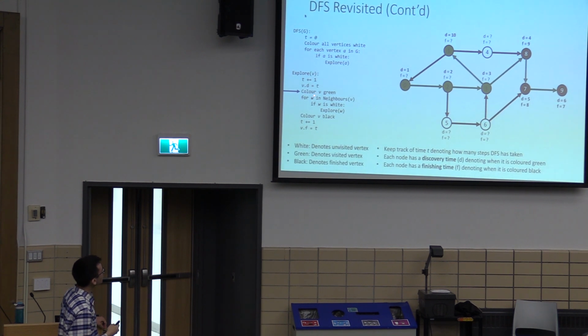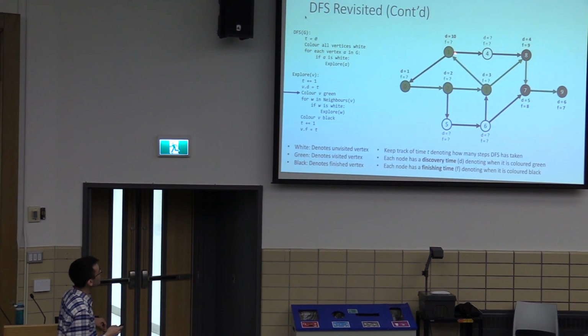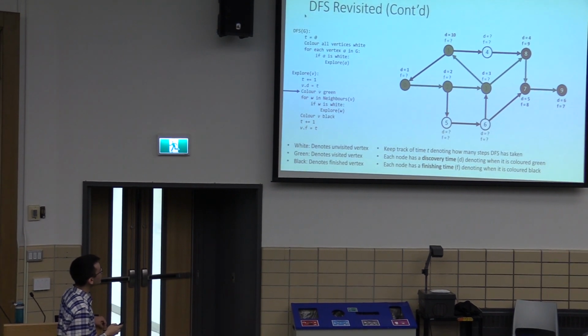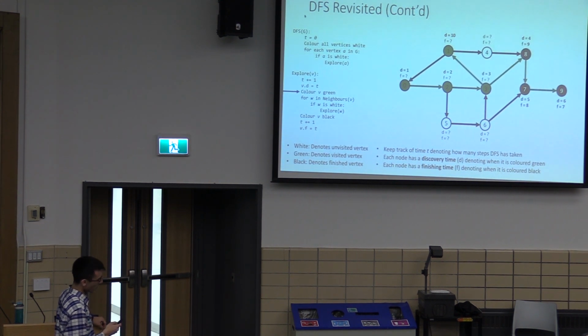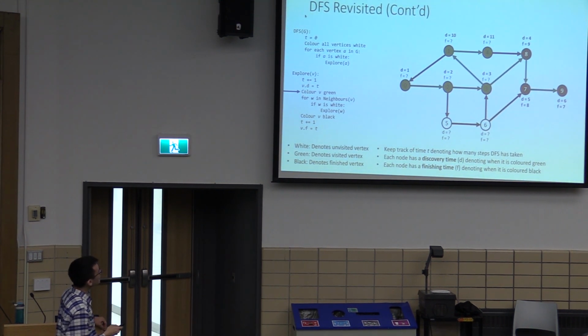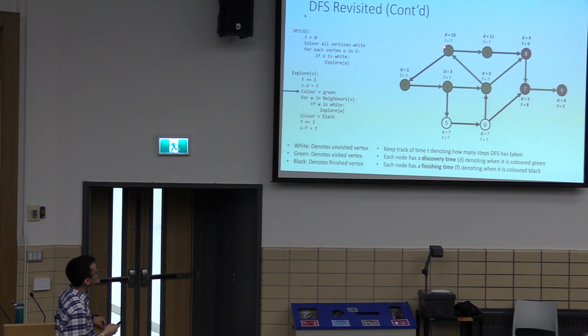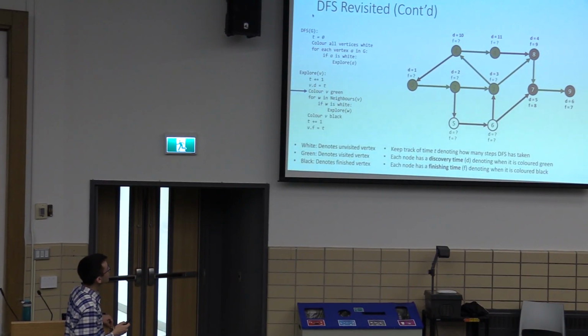The next step will be to color the neighbor of 3, so this 1, green. We color it green because we didn't discover it yet, and then we call depth-first search on the 1. On its neighbors, 4 hasn't been discovered yet, so we color it green, and so on.